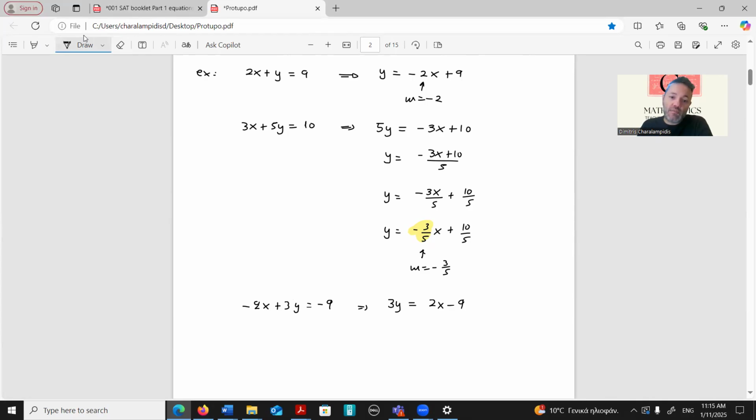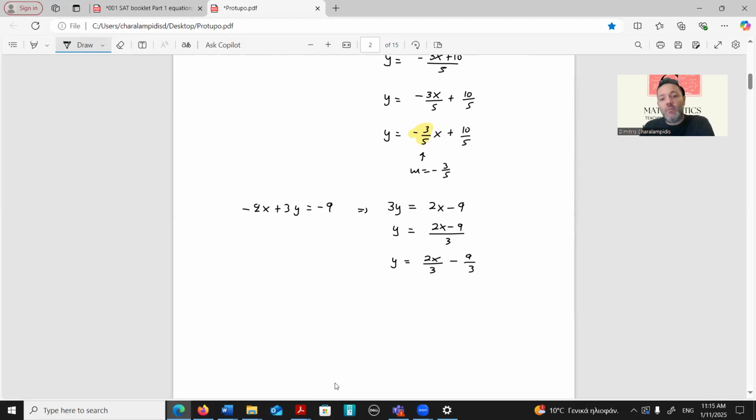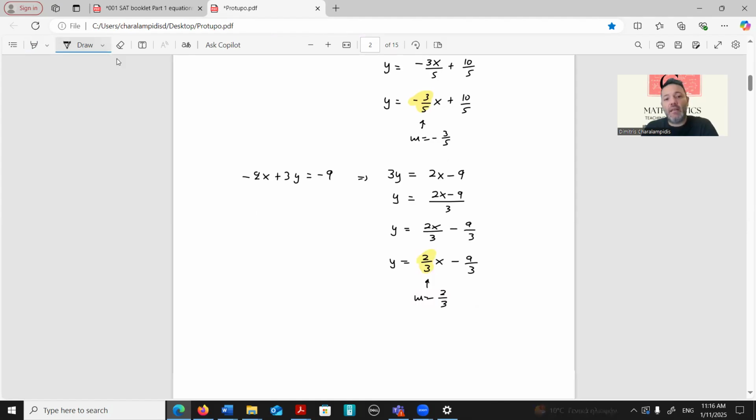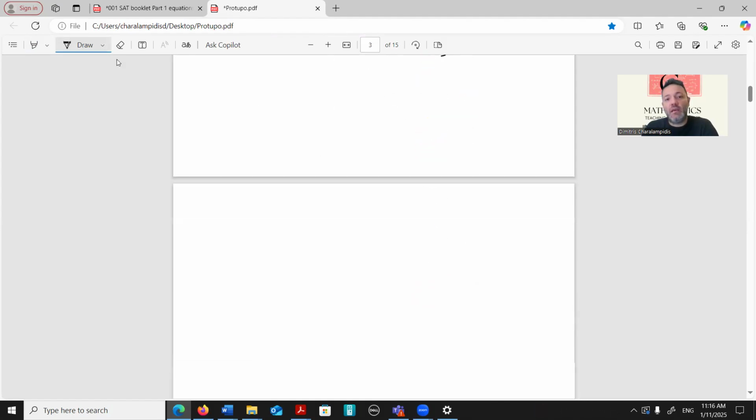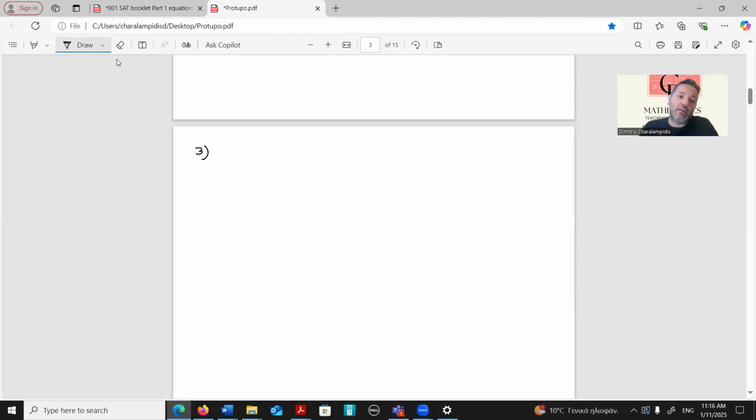Now I'm going to divide both sides by 3. So it's going to be 2x minus 9 over 3. I need to split it, and I'm going to have it written as 2x over 3 minus 9 over 3. And now I'm going to write it in an even clearer way, 2/3 x minus 9 over 3, which means that the slope is 2/3.